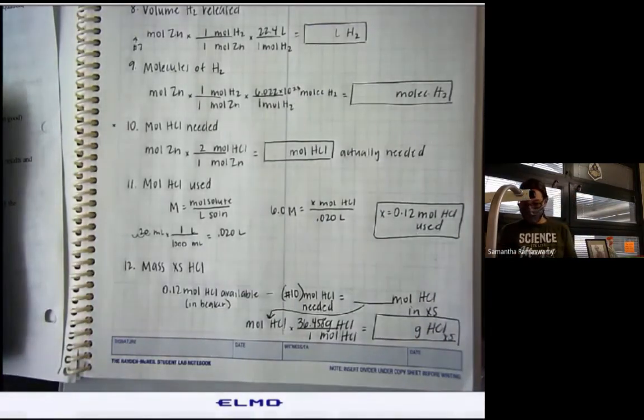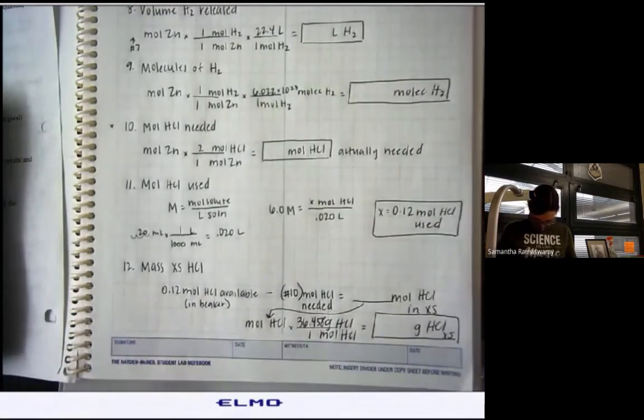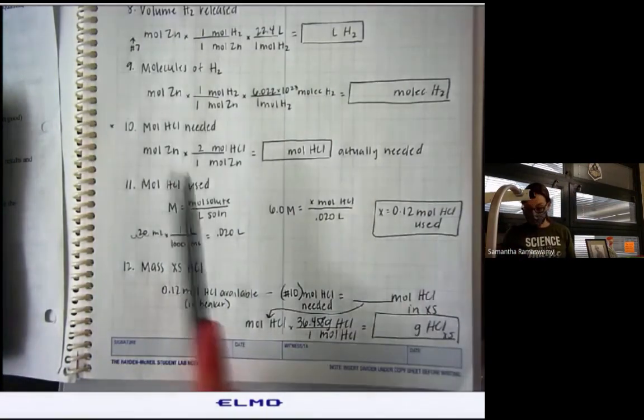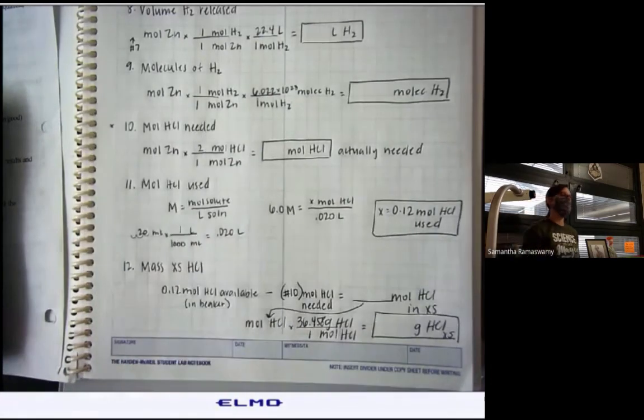So 7 through 12, these calculations helped us to review stoich. Now, in this, it told us exactly what the limiting reactant was. We didn't have to find it.